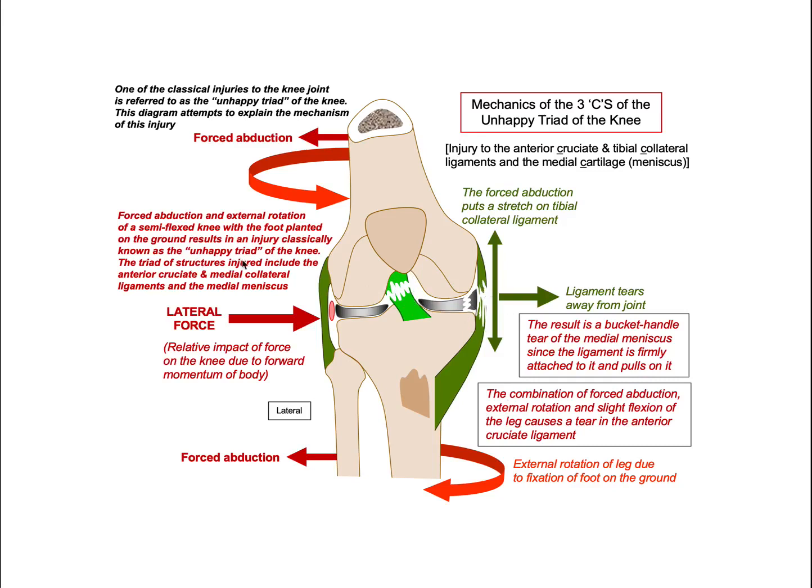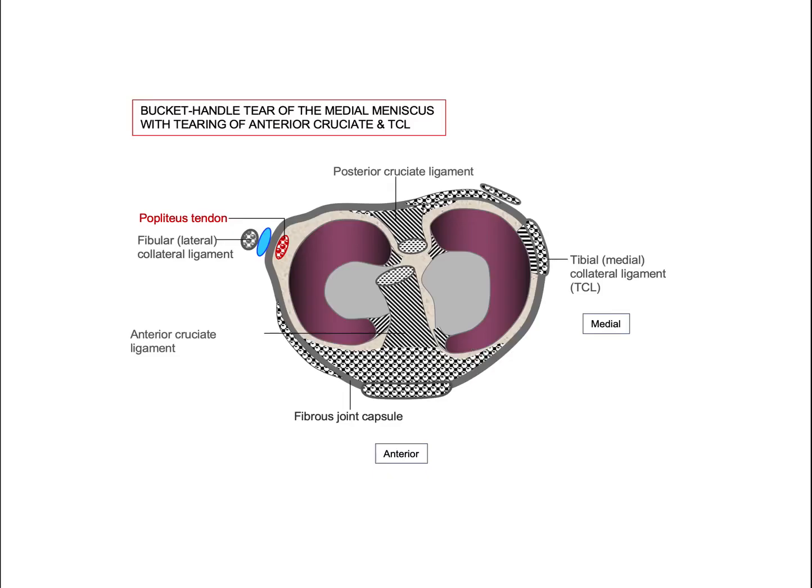So we connect it to the unhappy triad. When these strong ligaments are gone, what do you think about vessels? What do you think about other soft tissues? So there must be a severe injury. Now look at it. We are good with this. We explained it before. So now forces, rotation, rupture.